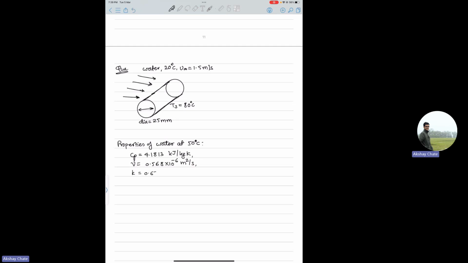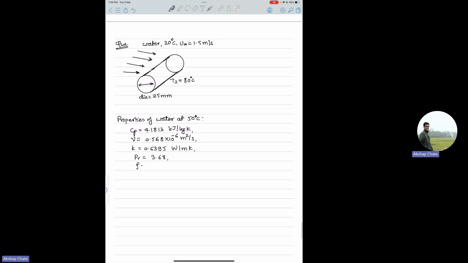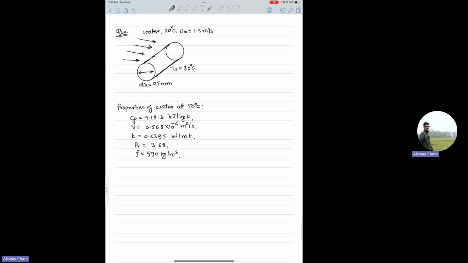Thermal conductivity 0.6395 watt per meter Kelvin. Prandtl number is given directly as 3.68. Density of water is 990 kg per meter cube. And again, they have mentioned dynamic viscosity of water at 80 degrees as 3.54.